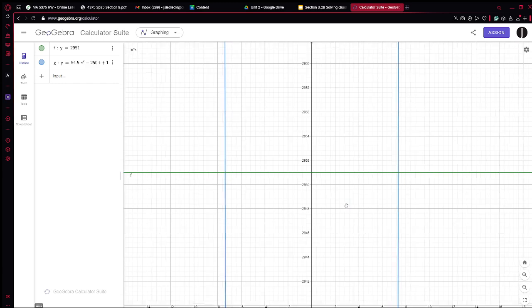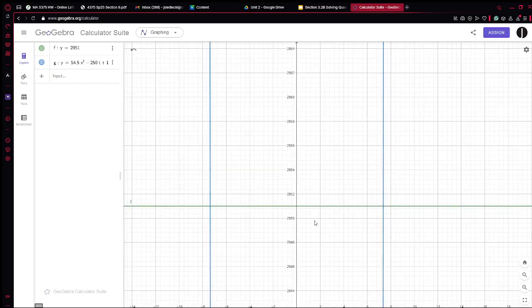And so if I'm looking at this range here, I can see my horizontal line, y equals 2951, and I can see that blue parabola. It looks kind of like two vertical lines here, but we do know it's a quadratic equation, right? We just plotted it. We just kind of can't really see a complete graph at this scale. Okay, but we do want to find where this green line intersects this blue line. And if we use GeoGebra, we can see it happens around -7, and it also happens around +7.